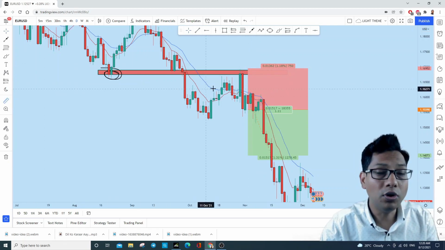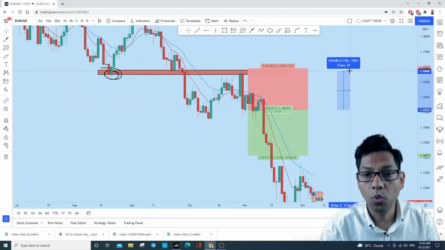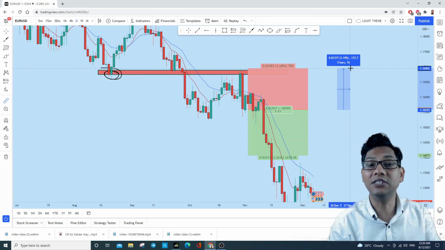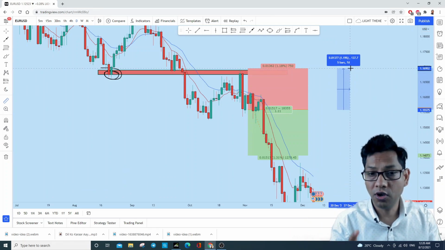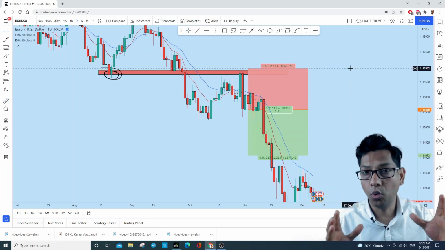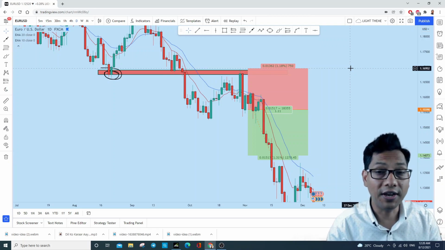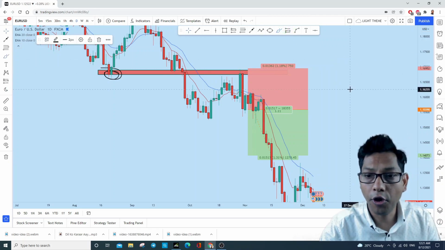Now when you put this stop loss above this high, what will happen? You need at least a 140 pip stop loss for this trade. Now, as you know, your broker will never allow you to trade less than a micro lot. What is a micro lot? 0.01 lot.